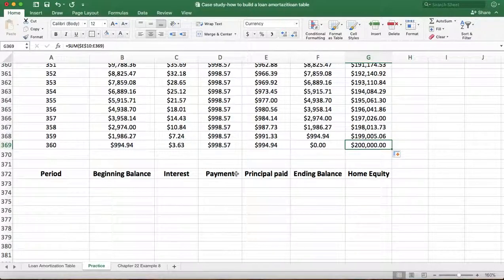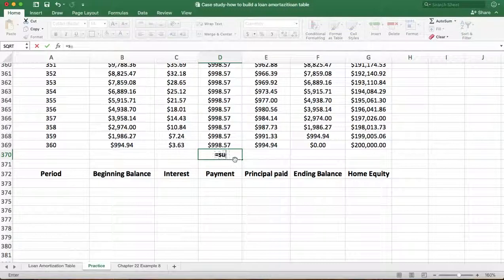Okay, let's do a little bit more analysis here. Principal pay. Let's add up all the payments from D. I remember the first period is located at D10 to the last period.